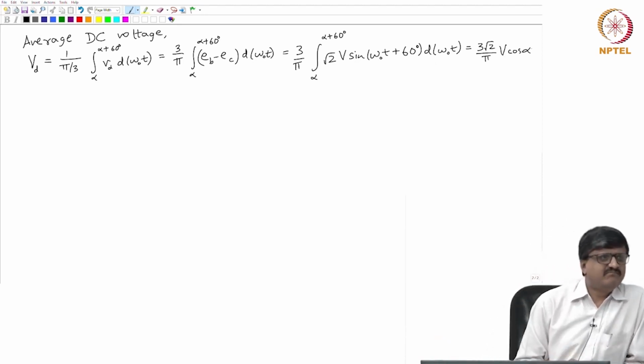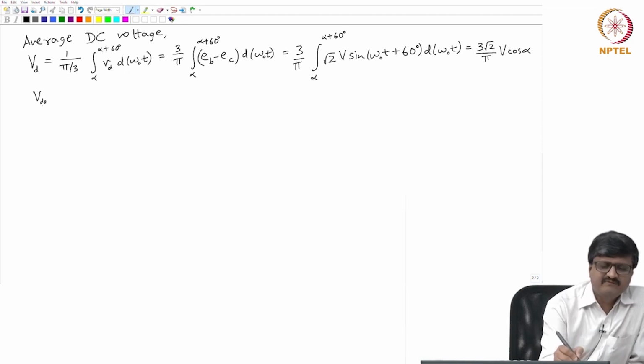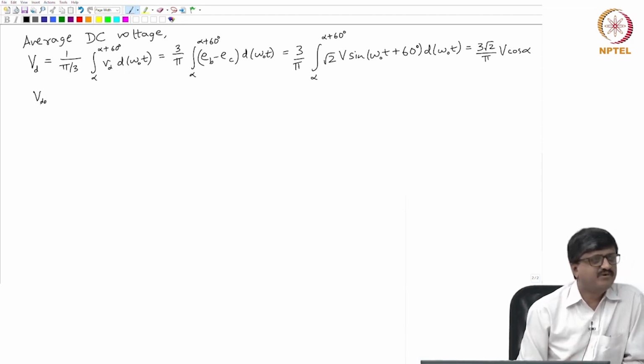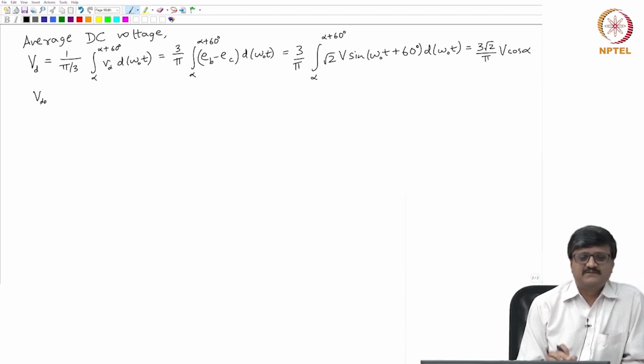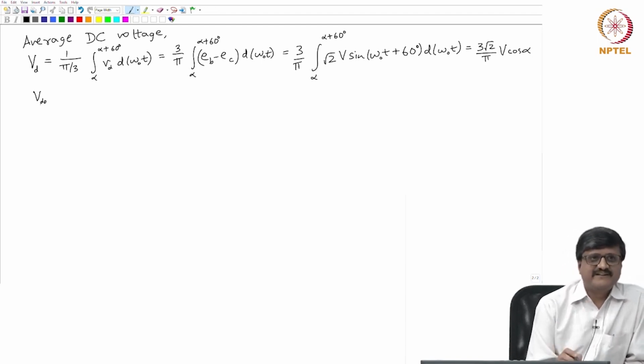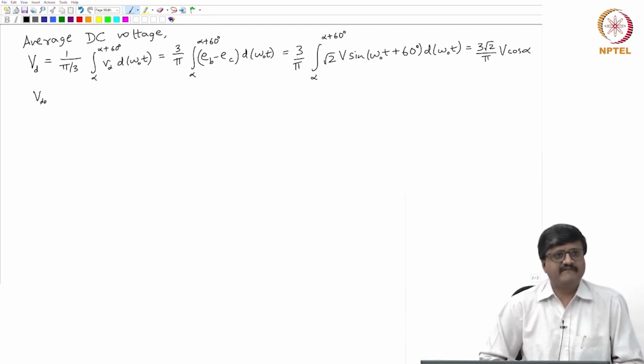Now, if you recall, we had one more quantity VDO. Do you recall this notation VDO, with another subscript O? What is this VDO? Yeah, maximum. We use this notation in the context of trying to obtain a general converter circuit.